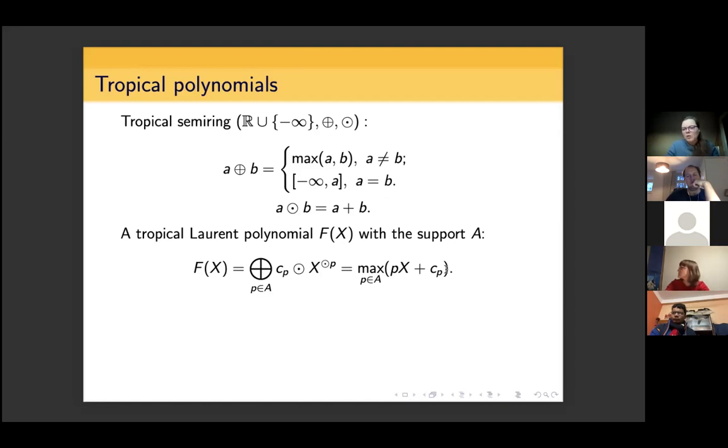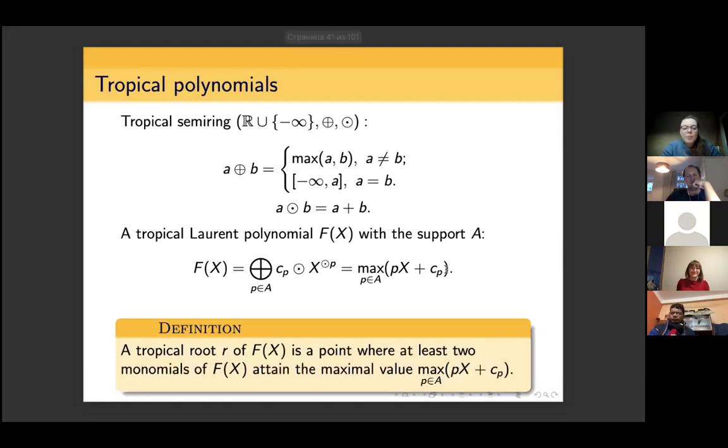That's why we really like working with tropical objects, because they're lovely and nice and easy. A tropical root of a tropical polynomial, and here everything is in one variable, is a point where at least two monomials attain this maximal value, which I call the critical value.